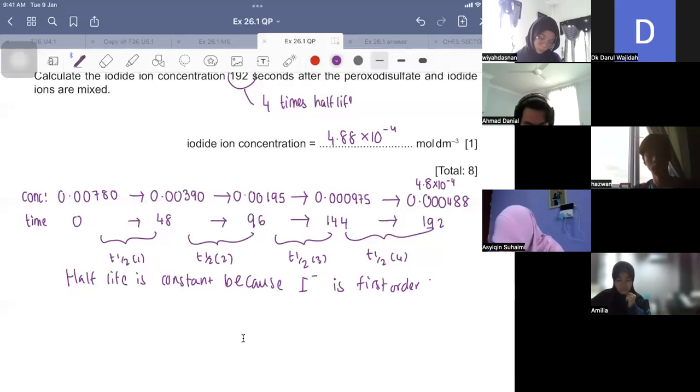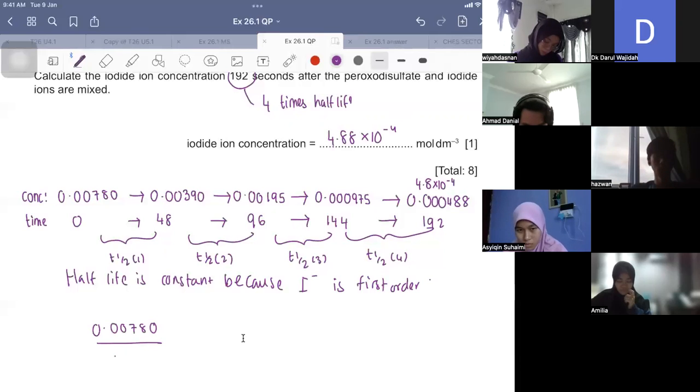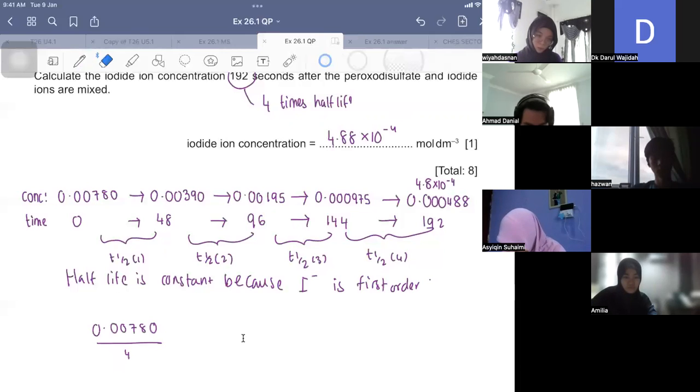Another way of doing this quickly is you take the initial concentration, you multiply it by half, but you raise it to the power of 4. If you try to divide 0.0078 by 4, because you say, oh, four times the half-life, so I divide it by 4, that is wrong.